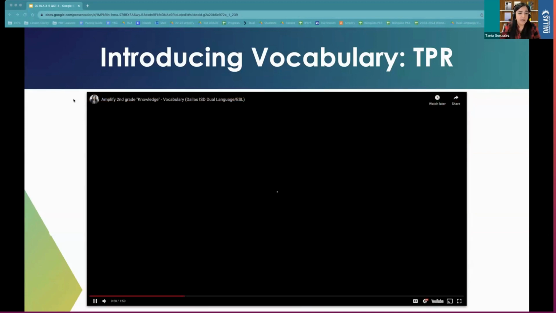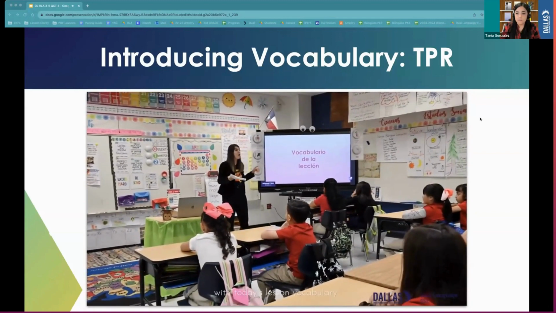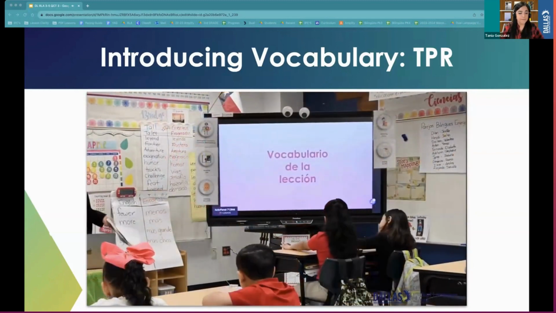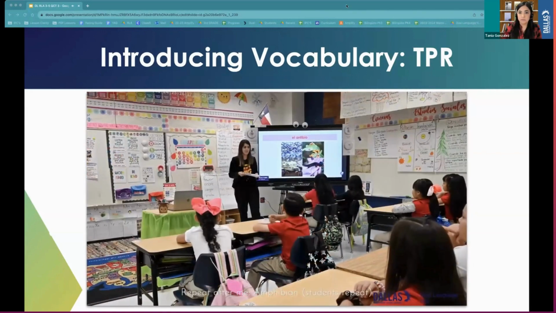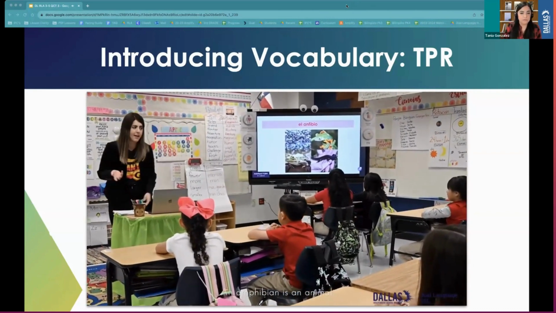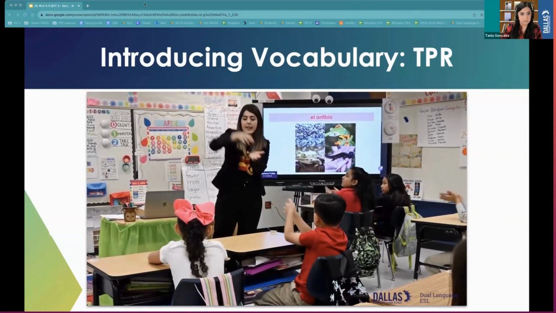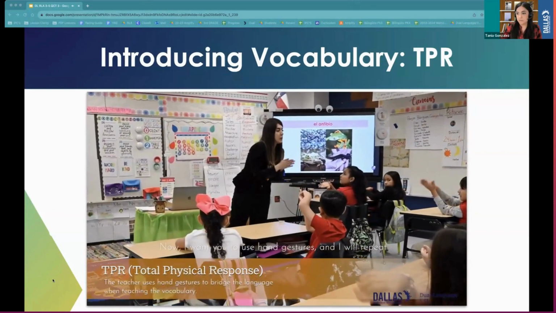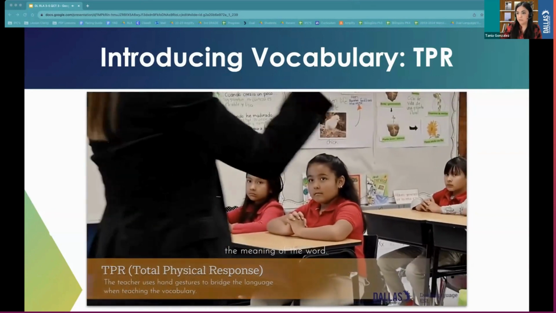Here's an example of how it would look in the classroom. Vamos a utilizar evidencia textual para apoyar una respuesta, evaluar detalles para determinar lo más importante. Vamos a mezclar sílabas. Un anfibio es un animal que puede vivir en el agua y en la tierra. Quiero que ahora ustedes usen sus manos y yo voy a repetir el significado de la palabra anfibio.